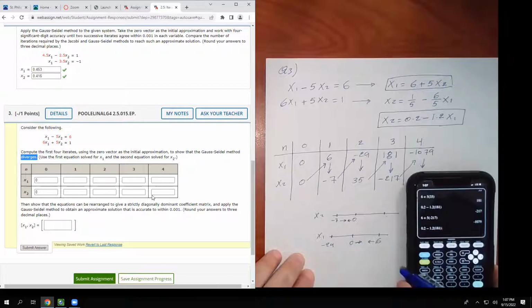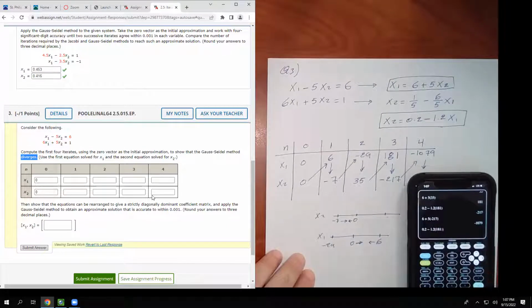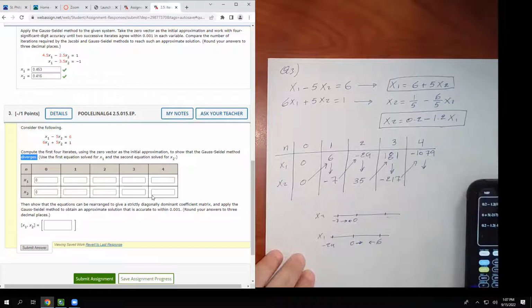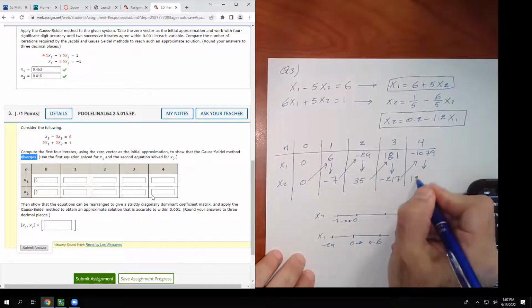So it's going to be, change this number to negative 1079. Going to be 1,295.